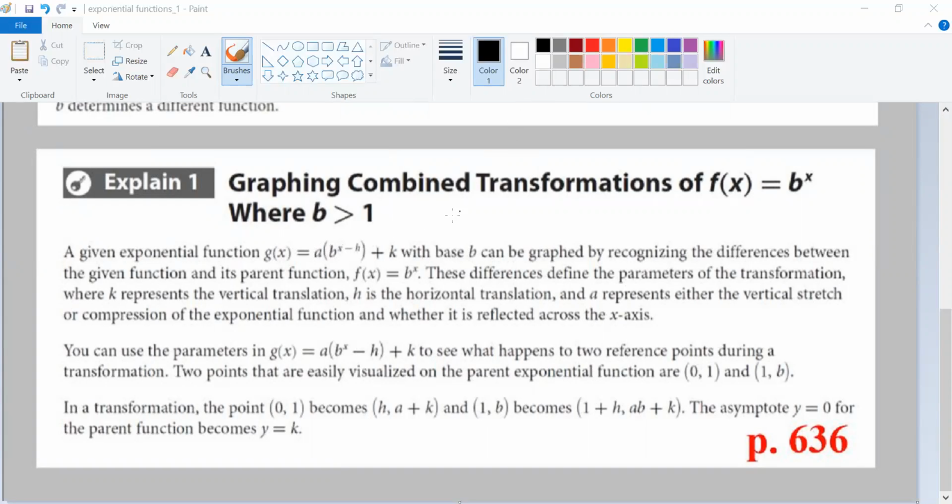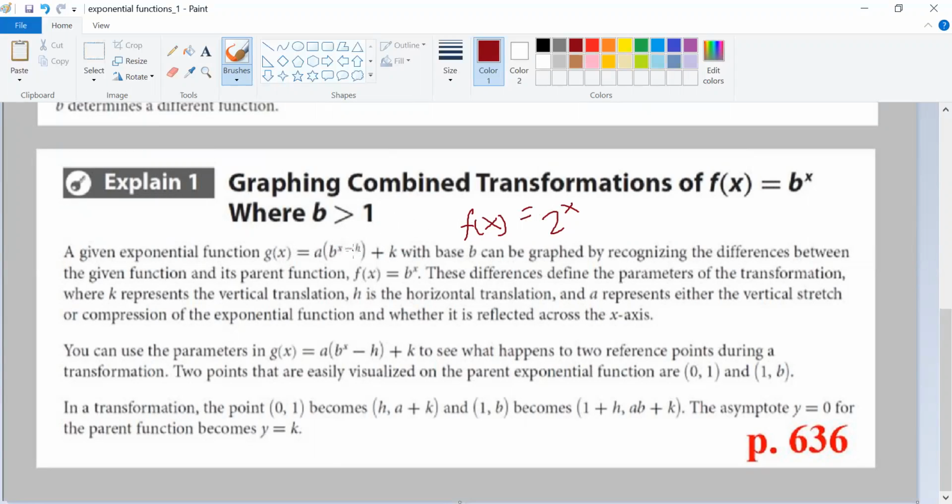If we took the basic function f of x equals 2 to the x, our base is 2, so b would be 2. And the only other thing in there is the variable x, our domain value that changes. When we put all these other shifts on it, it'll change the graph, but it'll still have the parent function beneath it.